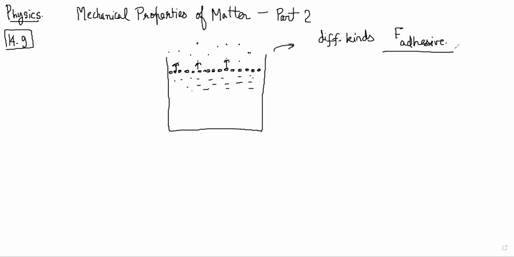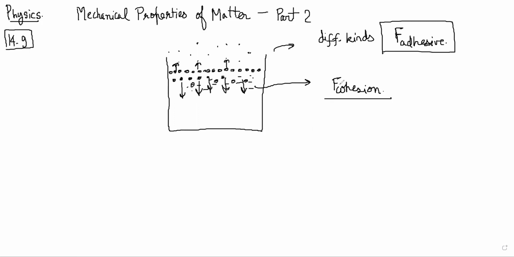Adhesive forces are forces between two different kinds of molecules, and there are similar kinds of molecules in the lower layer. Those also attract the top layer. Those forces are called cohesive forces, force of cohesion. That is the attractive force between similar kinds of molecules.